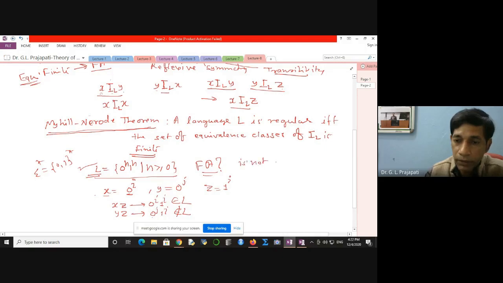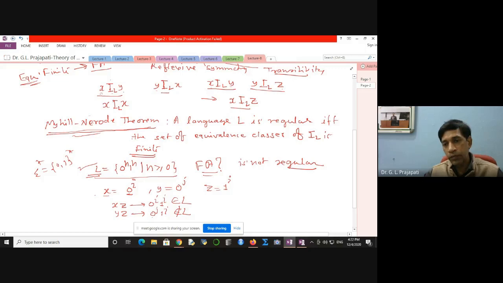This is what the Myhill-Nerode theorem says: if the language is regular, then the number of equivalence classes must be finite. In this case, the number of equivalence classes is not finite, because every two strings X and Y are distinguishable with respect to some Z. So you conclude that L is not regular. This is also one way to prove, using the Myhill-Nerode theorem, whether a language is regular or not.